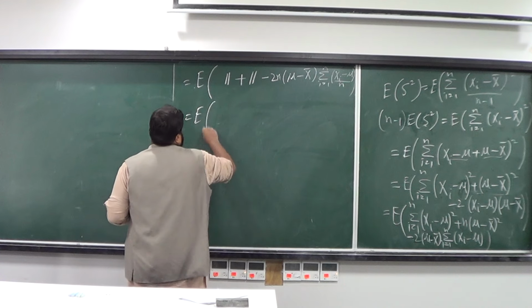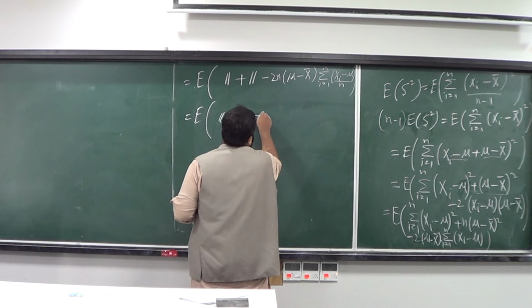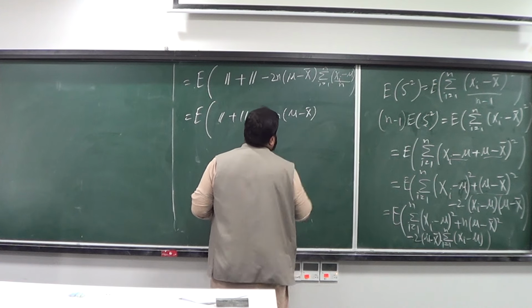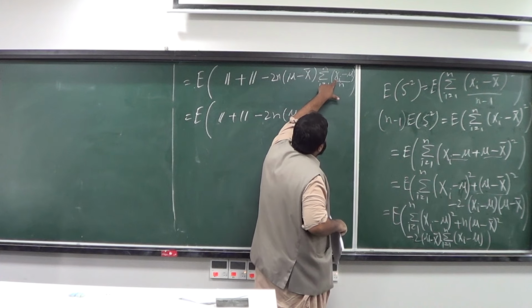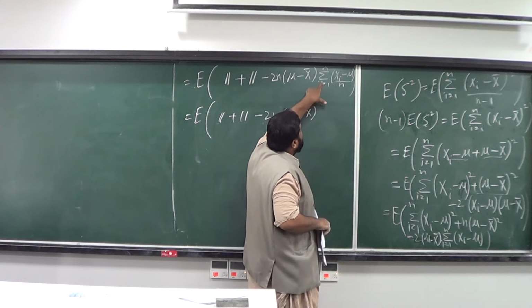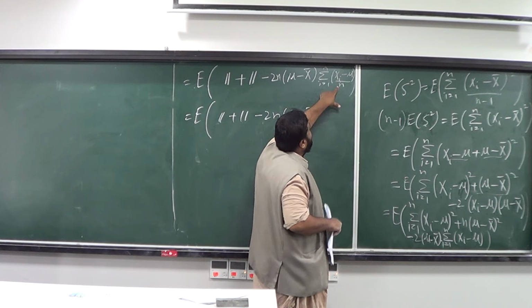So let's go a little bit a step ahead. So the same term plus same term minus 2n (mu minus x bar). Now if I take this sum and apply it on the first term, it's going to be the sum that goes from i equal to 1 to n of xi divided by n.